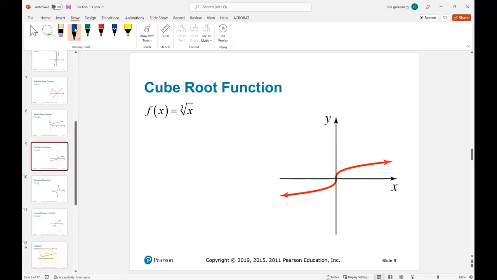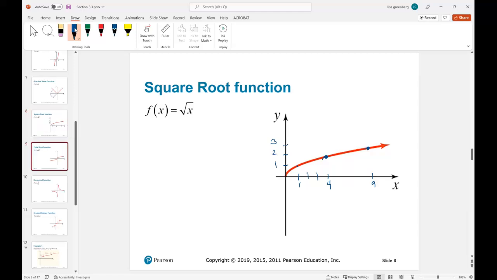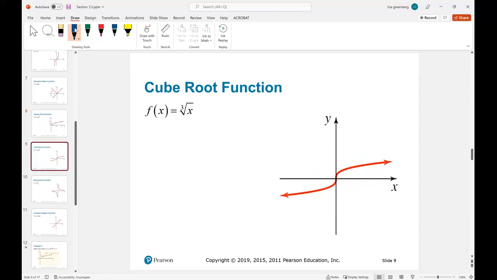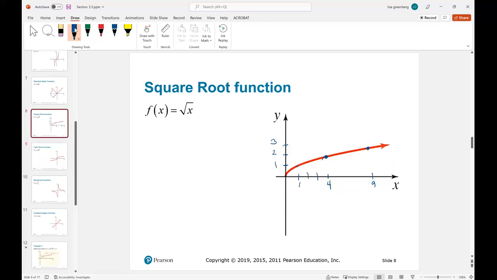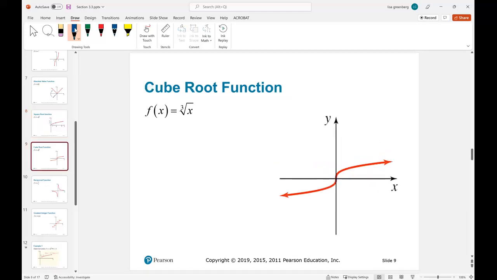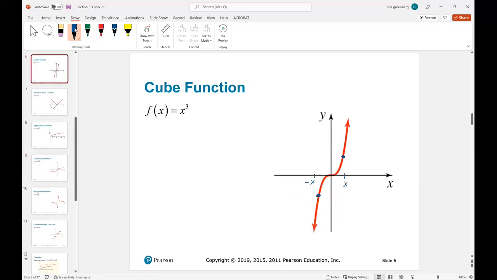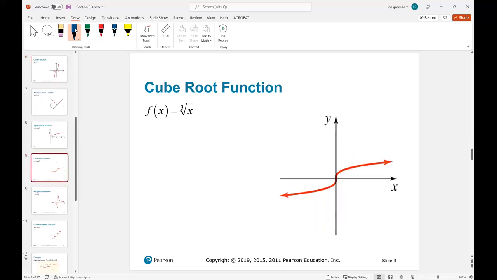The cube root looks a lot like the square root, except remember, we talked about this with root functions, that it can also be negative. Square roots cannot be negative, x can't be negative, so I always start here at 0. But cube roots can be positive or negative, so it has almost the same shape as the cubed, only it goes on its side.